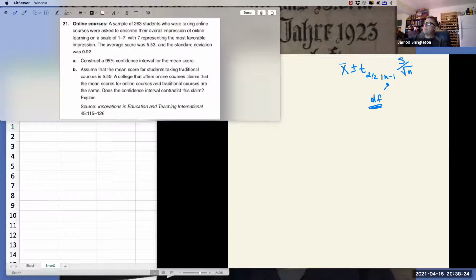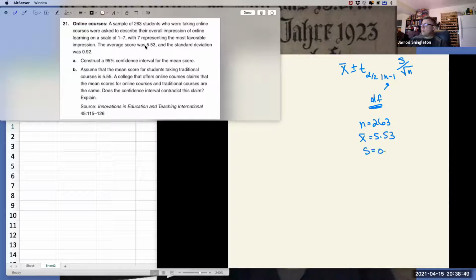So let's go ahead and start pulling out the things that we need from this problem. Sample of 263 students, so I know n equals 263. What about x bar? Did they give that to me? Yes, they did. The average score was 5.53. And the standard deviation of the sample was 0.92.